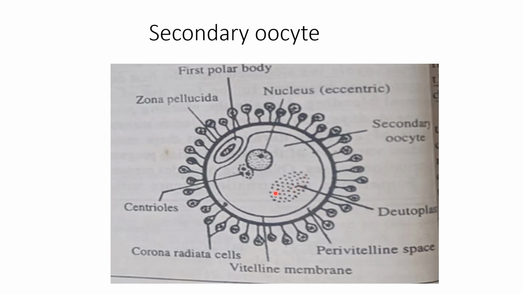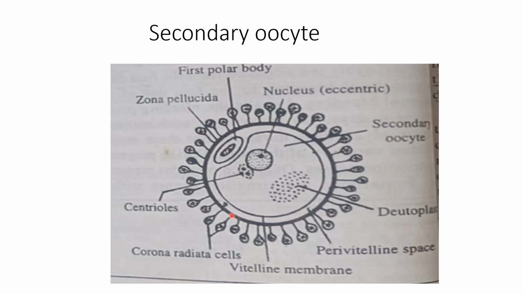Microlecithal deutoplasm is there. Then the cell membrane of the secondary oocyte is known as vitelline membrane. So this is the vitelline membrane. Then we have an amorphous glycoprotein membrane between the cumulus ovaricus and the secondary oocyte, known as zona pellucida.